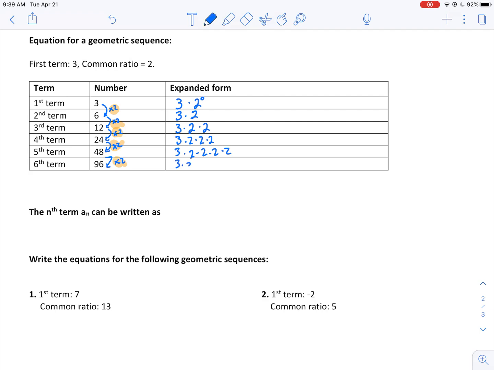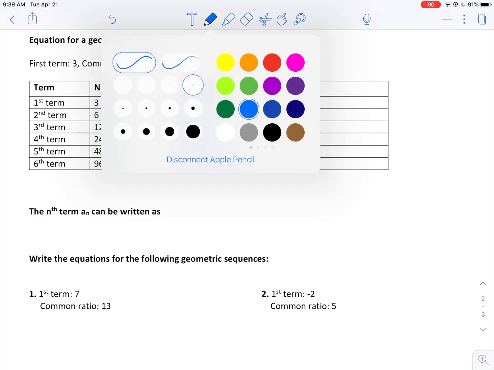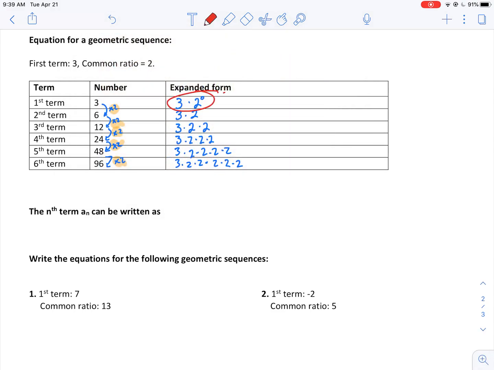So 4 times. 3 times 2 times 2 times 2 times 2. And to get to my sixth term, multiply by my common ratio of 2 again. I got 3 times 2 times 2 times 2 times 2 times 2.